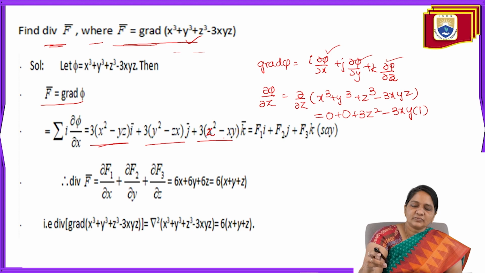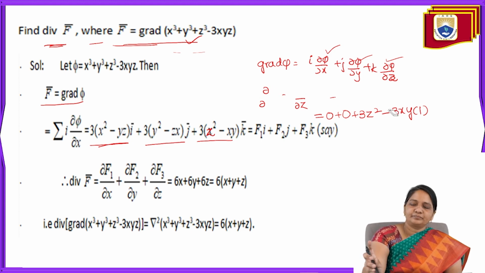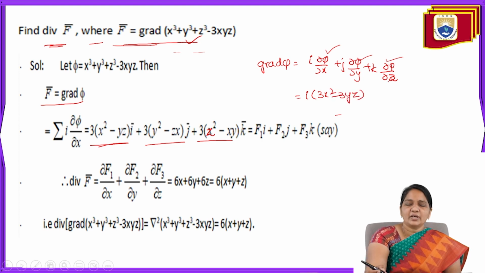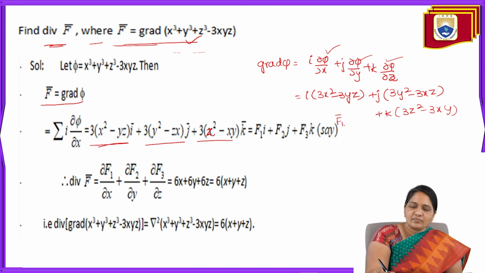Now this value becomes i into 3x square minus 3yz, plus j into 3y square minus 3xz, plus k into 3z square minus 3xy. This is equal to f1 i plus f2 j plus f3 k.